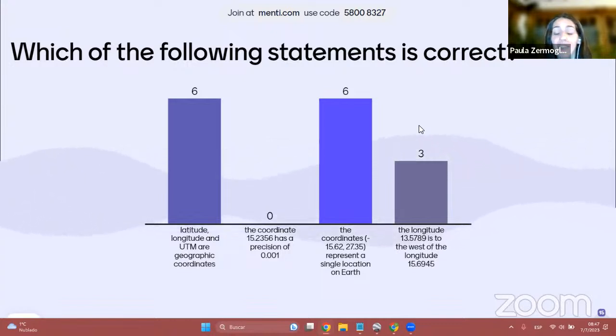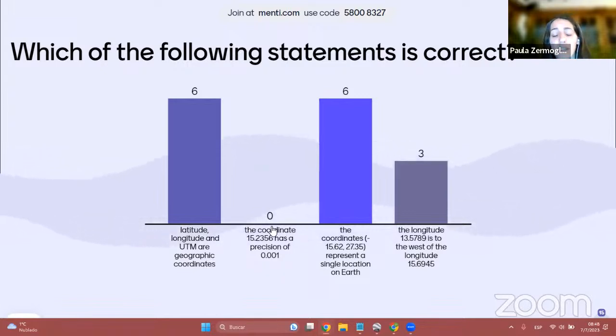So this is very interesting, this result here, because evidently you guys don't agree with the answers. And well, you agree on one thing, and that's about the precision of this coordinate here, which we're very happy about because we thought it was going to be one of the problems, but obviously it's not.